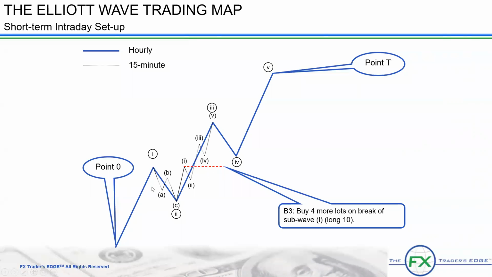Remember, we're long 5 down here. We had 1 before. We've taken some profits, and we buy 4 more right over here because it's the beginning of the wave 3. So we want to be fully vested on the wave 3.